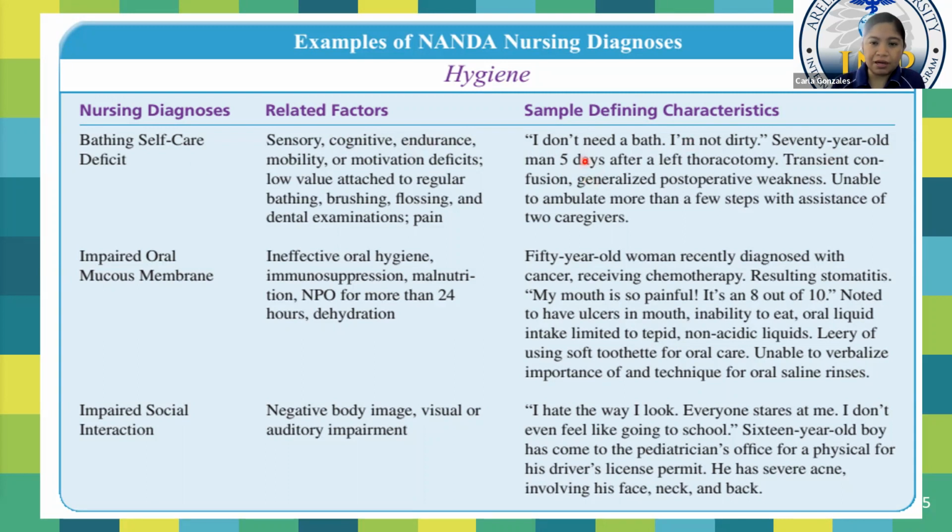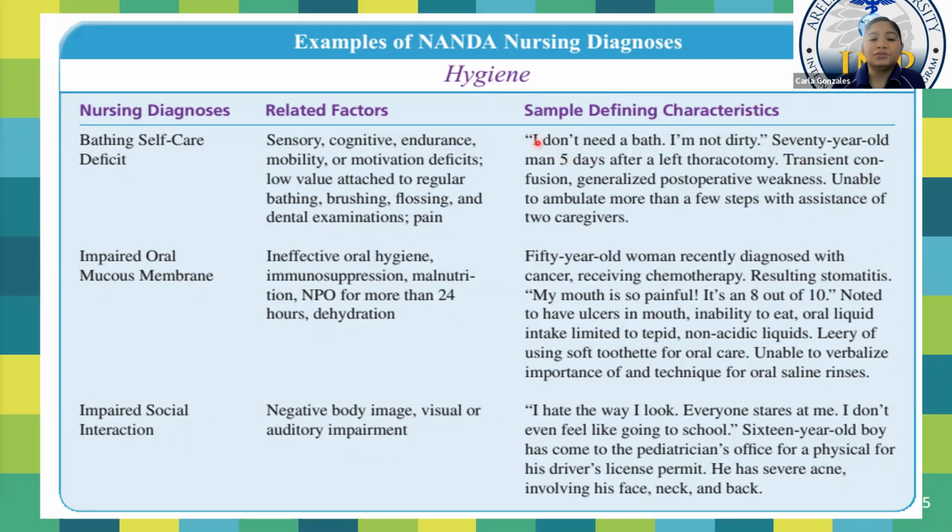Let's just look at this one. For example, you have a patient, a 70-year-old man, 5 days after a left thoracotomy. During your conversation, he mentioned, I don't need a bath, I'm not dirty. There's transient confusion, there's generalized post-op weakness, and your patient is unable to ambulate more than a few steps with the assistance of 2 caregivers.